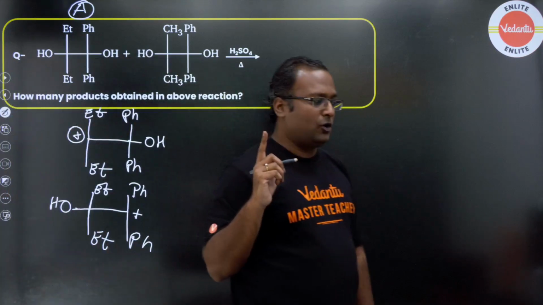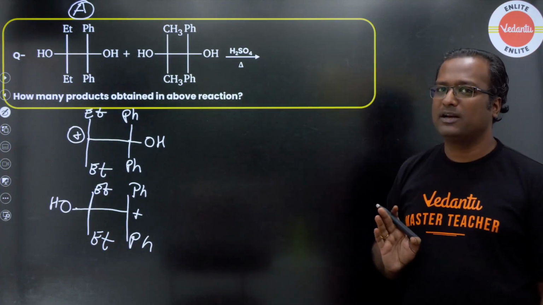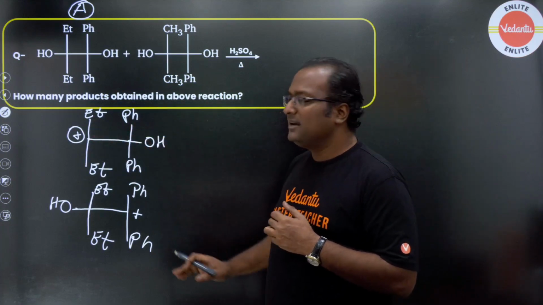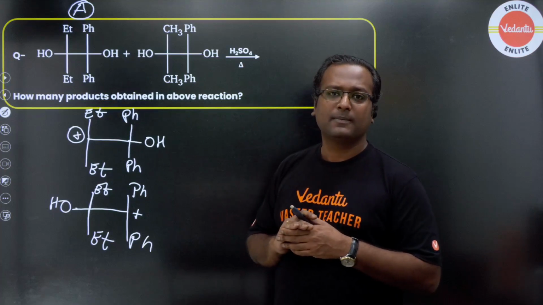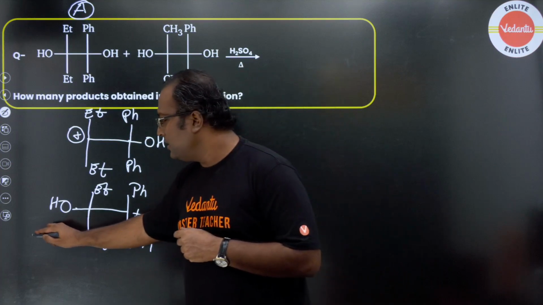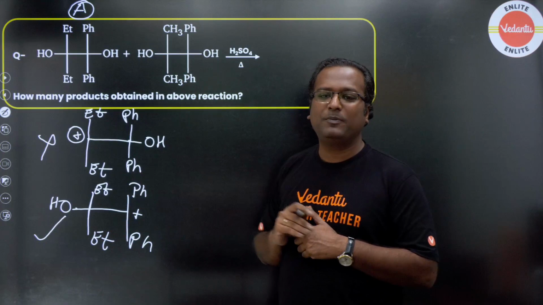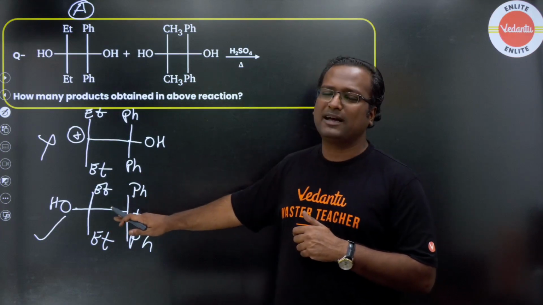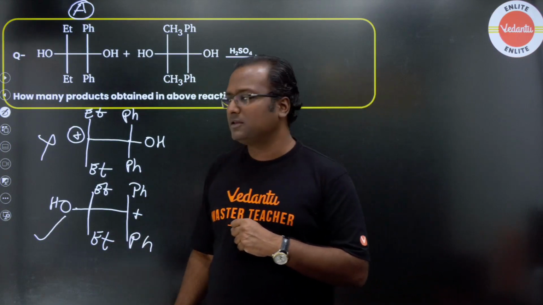The very first step in the pinacol-pinacolone rearrangement is to make the correct carbocation. So we made both the carbocations. Now the one which is more stable is formed first. Out of the two carbocations, which one do you see as more stable? Obviously this is more stable, this is not, due to resonance with two benzene rings. So the more stable carbocation will always be formed as the first step in pinacol-pinacolone rearrangement.